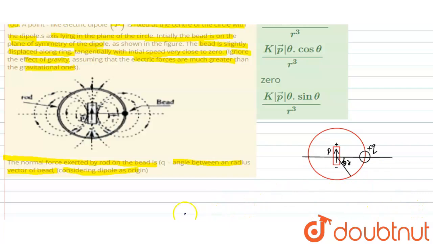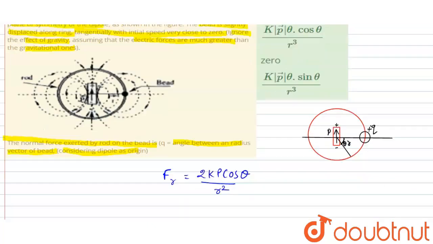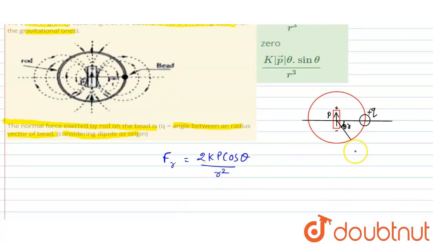So here the radial force, meaning force along the radius vector, will be what? 2kp cos theta divided by r square. This radial force will be equal to the required centripetal force for the movement of the ball in this circular rod. So the centripetal force is mv square by r.